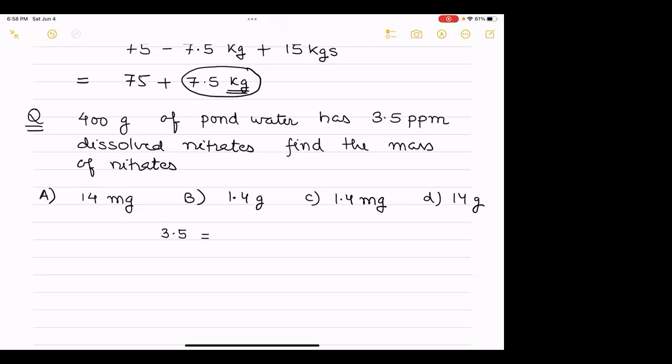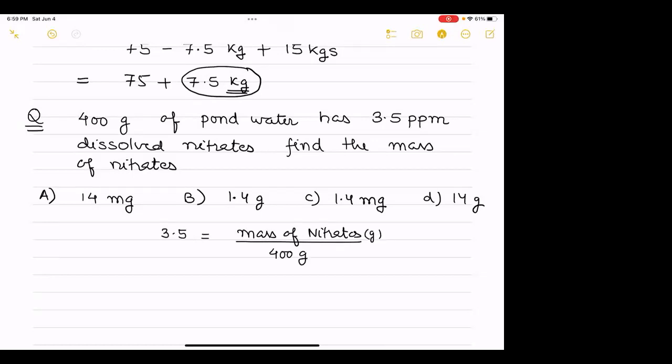The ppm formula you guys know. ppm is equal to mass of the component divided by total mass, into 10 to the power 6. Just like the percentage where you multiply by 100, in ppm you multiply by 10 to the power 6. So mass of nitrate divided by total mass, which is 400 grams.